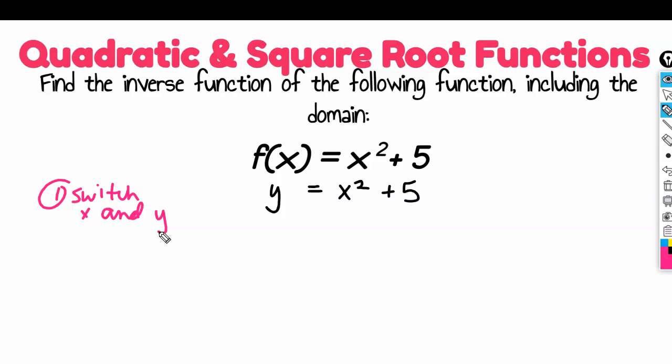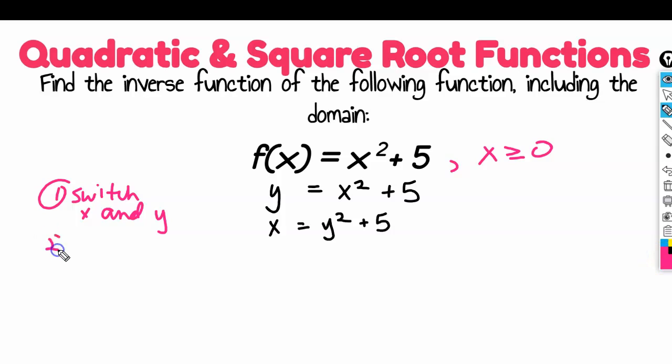Here we're going to assume that x is greater than or equal to 0. We're assuming that this is the domain that we care about. That's what it'll tell you on the test, so you don't need to know that off the top of your head. So when I switch x and y, I've got x equals y squared plus 5.